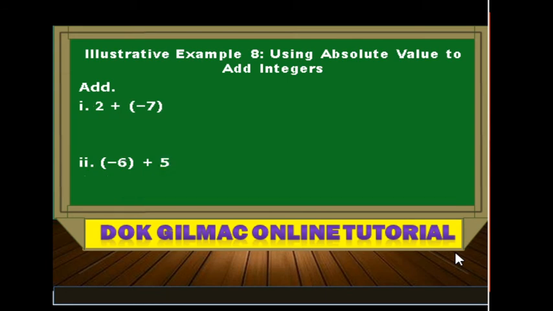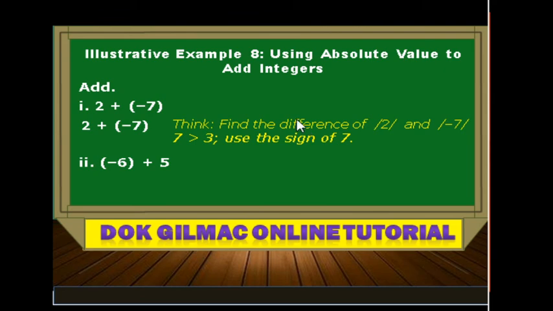Then let's have example number 8. Add 2 plus negative 7 and negative 6 plus 5. Again, you must think of the difference of the absolute value of 2 and the absolute value of negative 7. 7 minus 2, take note.